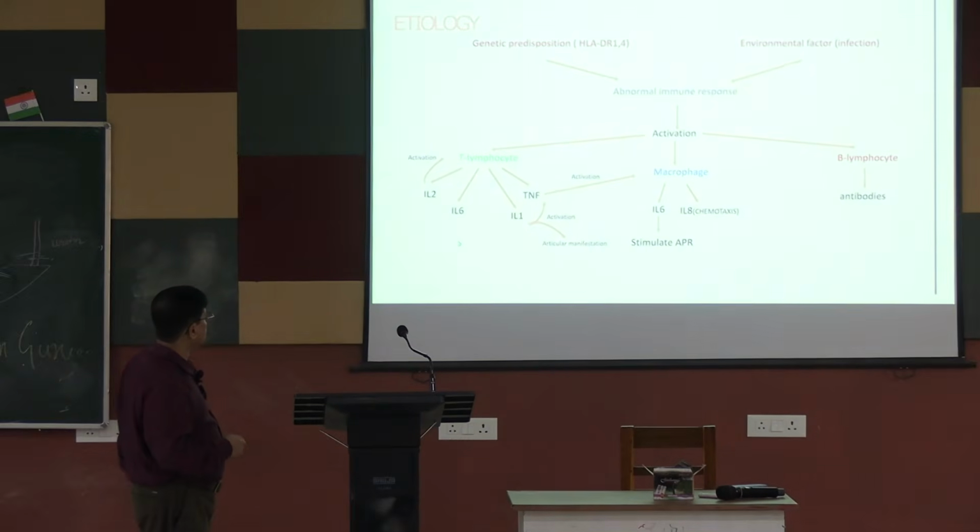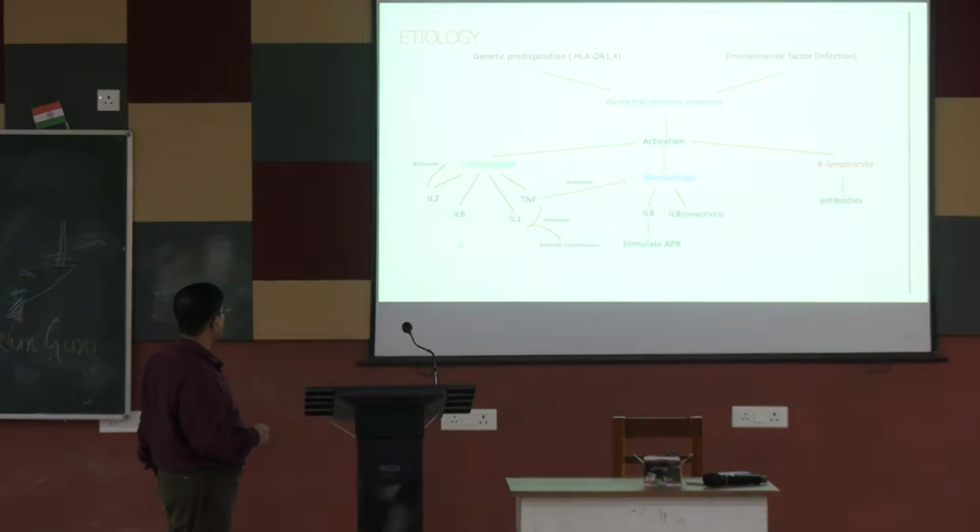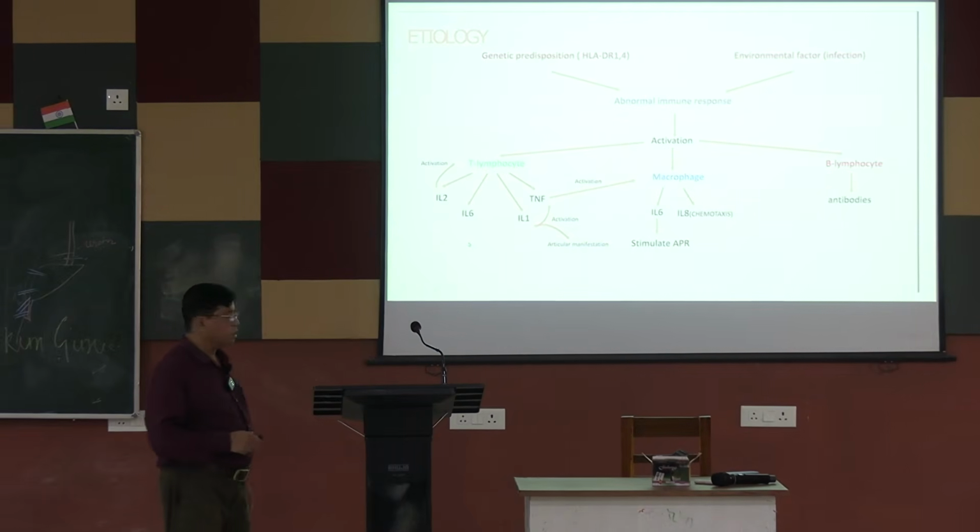The CD4 T lymphocytes will produce interleukin 2, interleukin 6, and interleukin 1. These are called inflammatory cytokines. Also TNF, tumor necrosis factor. These are the inflammatory cytokines produced by the CD4 T lymphocytes, which are activated by MHC.